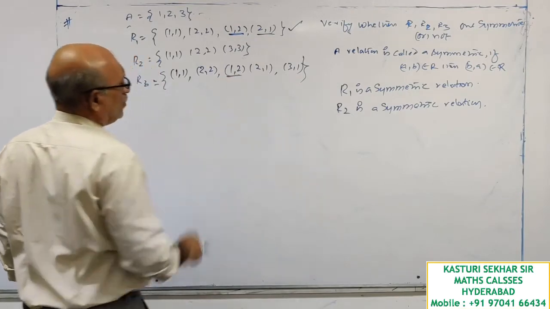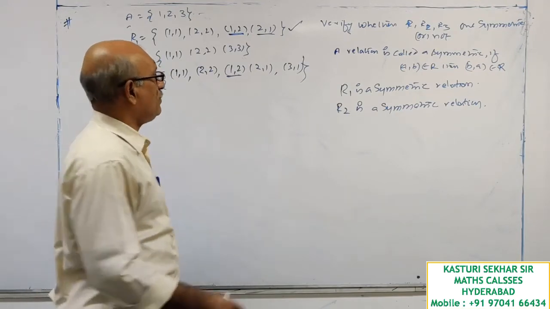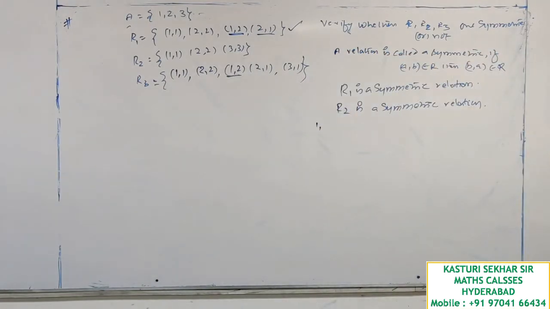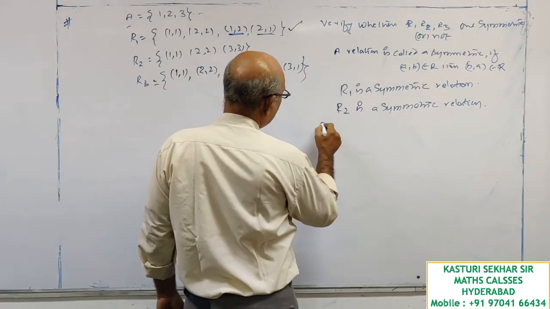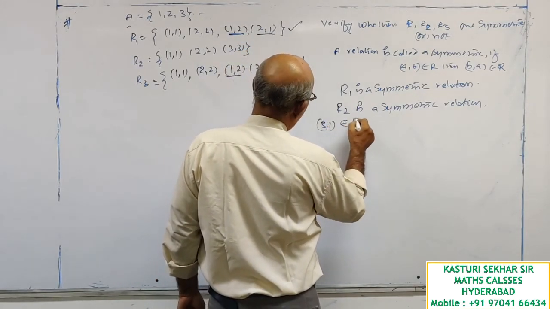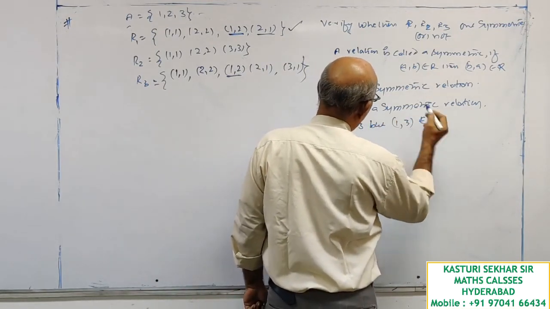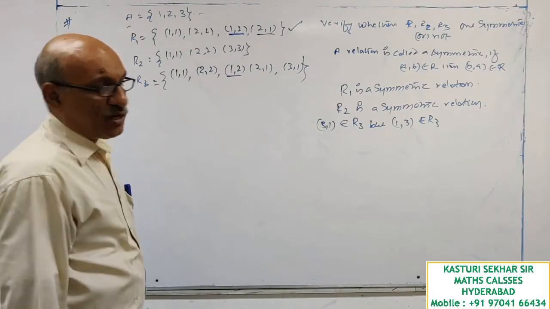R3: I have (1, 2), (2, 1), and (3, 1) is there, but (1, 3) is not there. (3, 1) belongs to R3, but (1, 3) does not belong to R3.